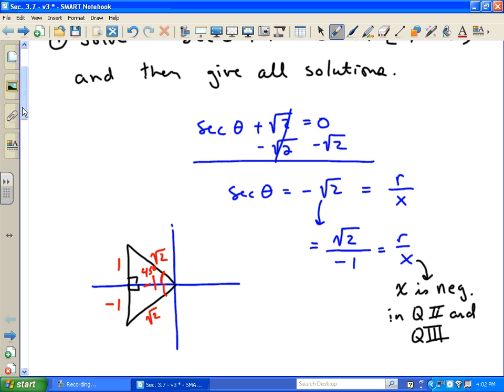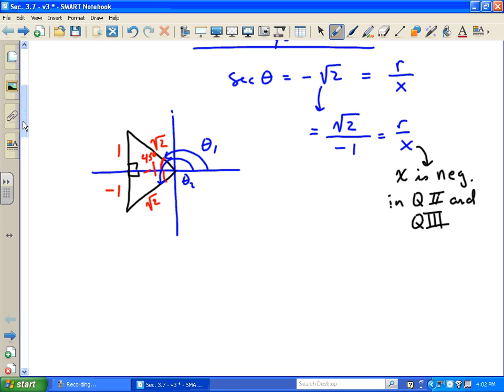Now, make sure that you realize that the answers for these trig equations are always measured from the positive x-axis around to the terminal sides. So there's theta 1. Theta 2 is going to be the measure from the positive x-axis around. That being the case, we need to do a little bit of arithmetic. Theta 1 is going to equal 180 degrees minus 45 degrees, which is 135.